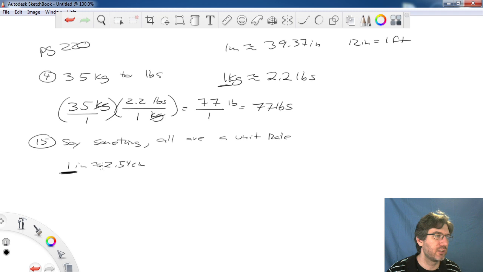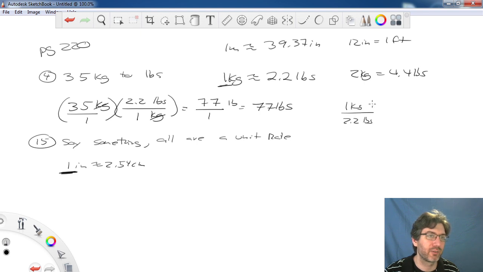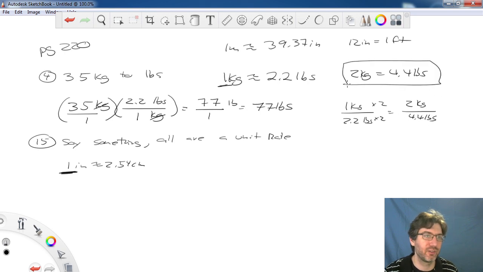It makes your multiplication elsewhere easier. I mean, you could have easily had, hey, I know that 2 kilograms is equal to 4.4 pounds, right? Because it is a fraction here, right? 1 kilogram over 2.2 pounds. I can multiply this by 2 and multiply this by 2, and I can get 2 kilograms over 4.4 pounds. So technically, you could have used this as well.